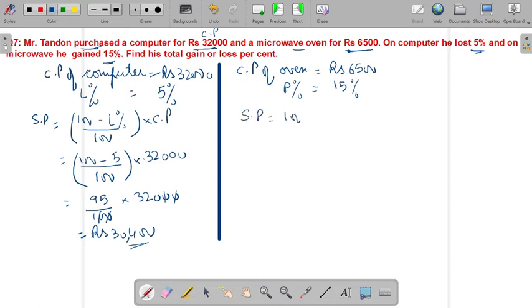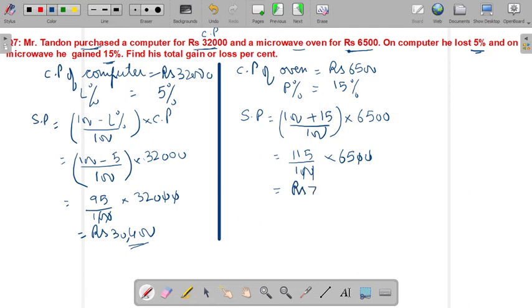SP is (100 plus profit) upon 100 multiply 6500. So this is 115 upon 100 multiply 6500. Cancel it. So 115 multiply 65. So it will be rupees 7475. So this is the selling price of oven. Selling price of oven is 7475 and selling price of computer is 30,400.